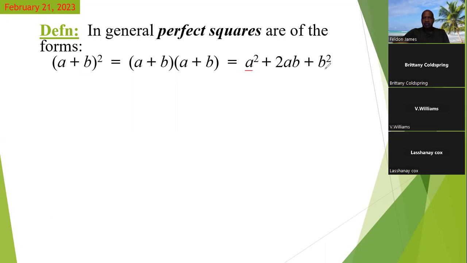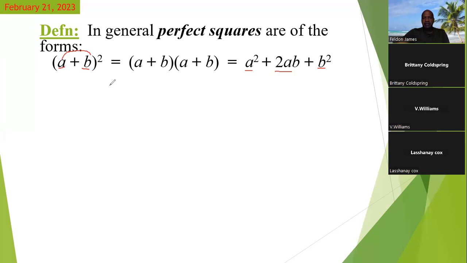The first term from the brackets is going to be a square term in the expanded form. The second term from the binomial in the brackets is going to be a square term. The last term is squared in the expanded form. But the middle term, you're going to realize that the product of the 2 terms times 2 will give you the middle term.